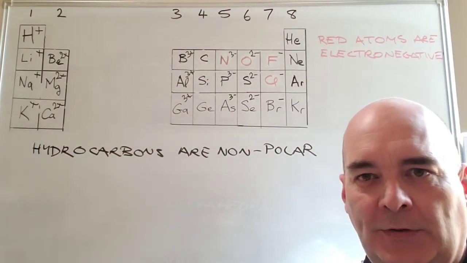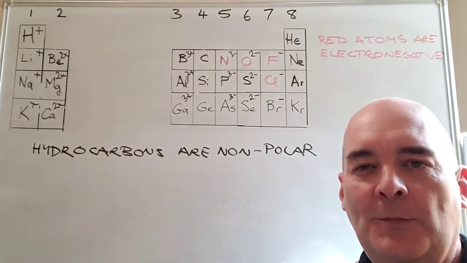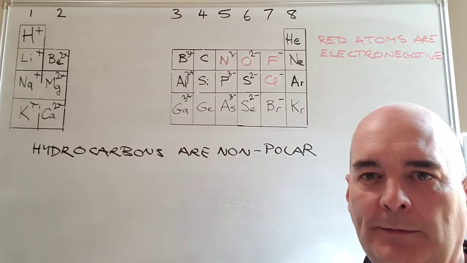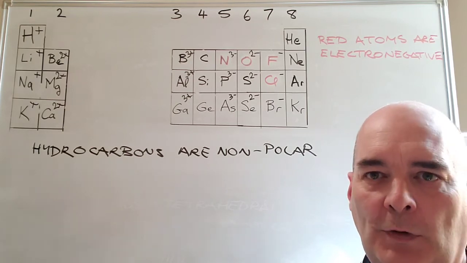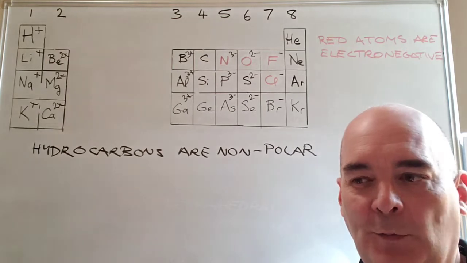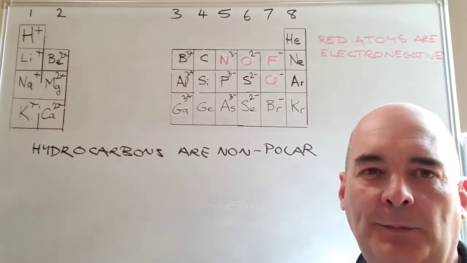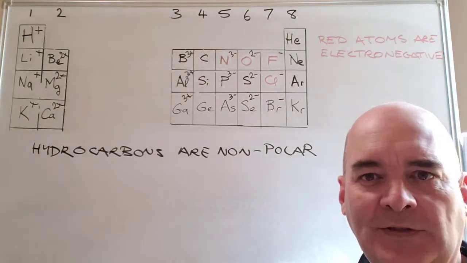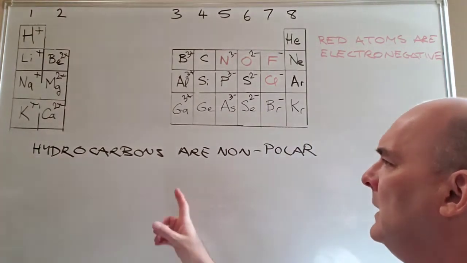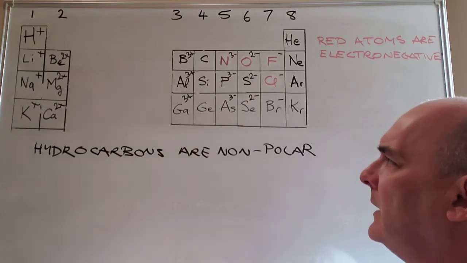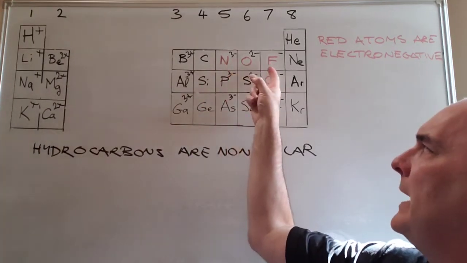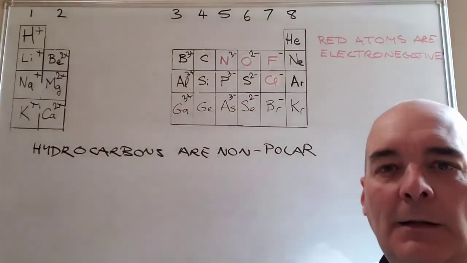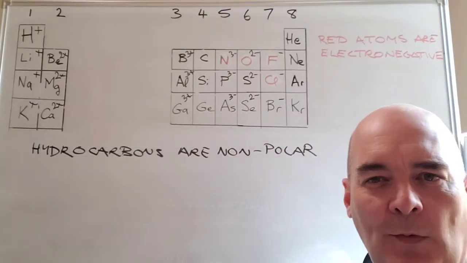And in the world of oil and water don't mix and like dissolves like, we're going to need some polar organic molecules that will be soluble in water, that will be soluble in the aqueous biochemistry system rather than in the non-aqueous fat soluble system. Okay, so all hydrocarbons are non-polar. Let's go ahead and throw in some electronegative atoms and see what we can make.